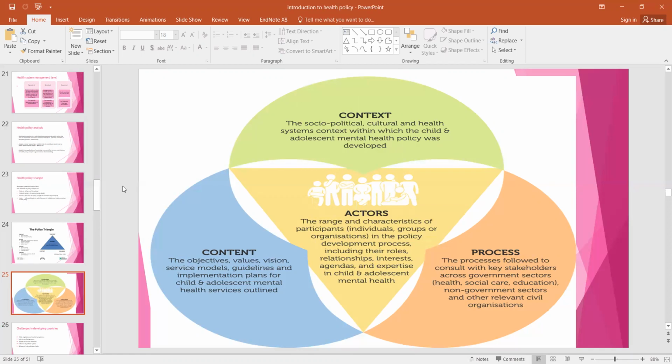In process, there was consultation with key stakeholders across the government sector, health, social care, education, private sector, and civil organizations. In context, there are the social, political, cultural, and health system context within which the child and adolescent mental health policy was developed. And in content, there are the objectives, values, vision, services, models, guidelines, and implementation plans for child and adolescent mental health services.